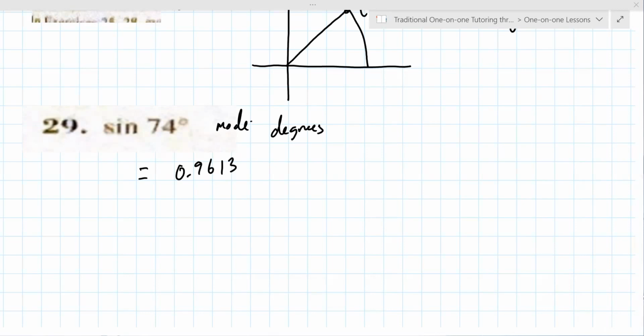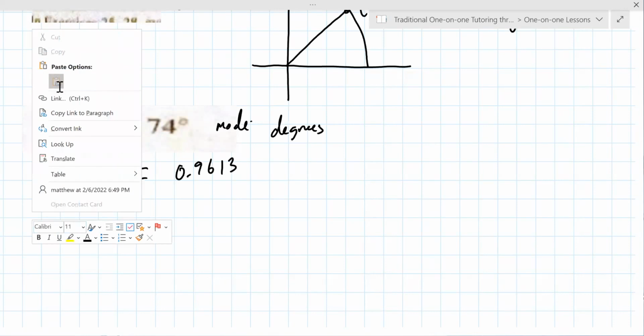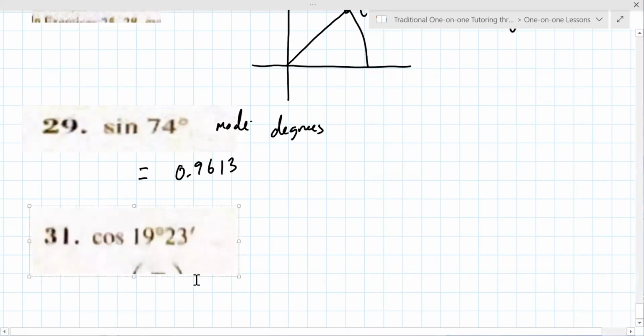29, is that also a calculator? Oh, we just did that, sorry. What was the next one? 31, 33, 35. Wow, these are all calculators. Now, 31, you have to convert from degrees, minutes, seconds. So this is the cosine of 19 plus 23 over 60.